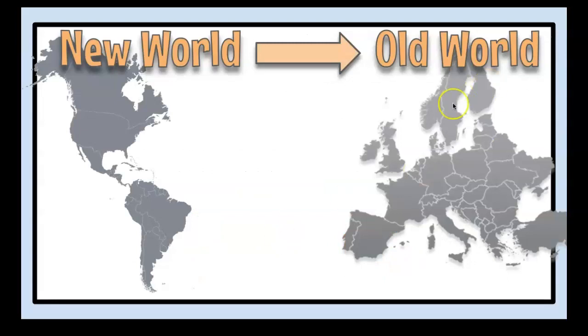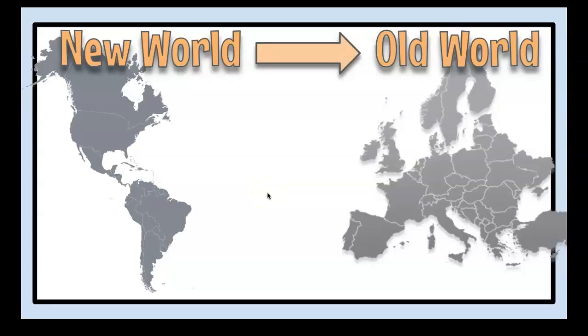Okay, so the Old World is considered Europe, Africa, Asia, the area that we've been learning about all year. And the New World is considered South America and North America. And there was an exchange of goods. So first we're going to focus on the things from the New World going over to the Old World.